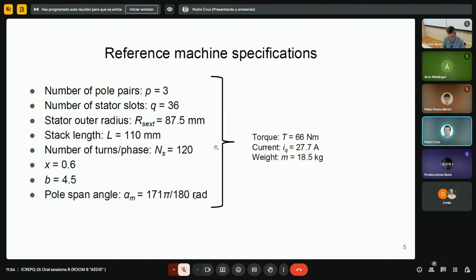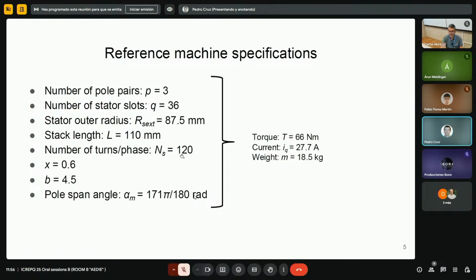We have started with reference machine specifications that belong to a typical machine, not optimized, and here we show the 8 parameters we have used in the genetic algorithm.